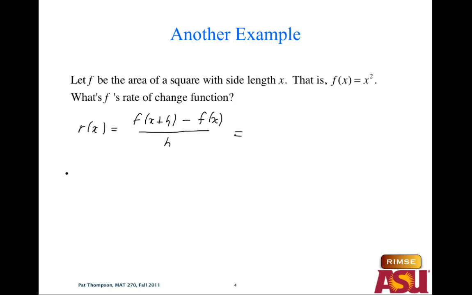So let's see. What is f of x plus h for us now? It's x plus h squared, right? This is a really easy rule. It says take the independent value and square it.